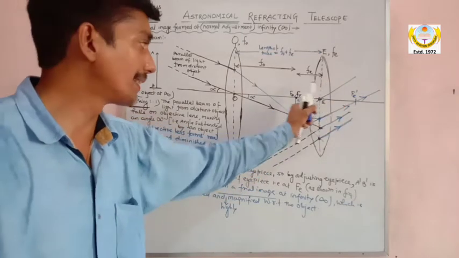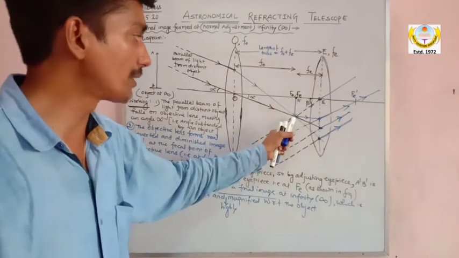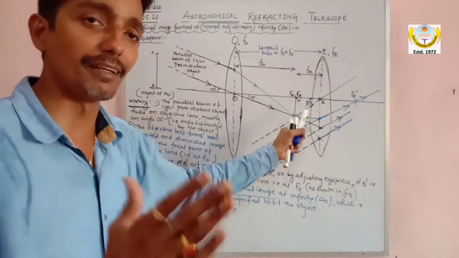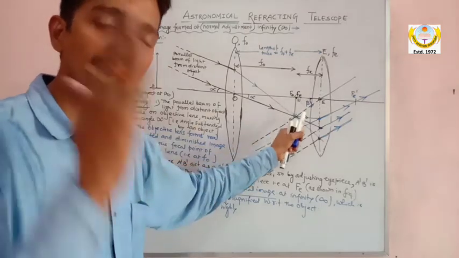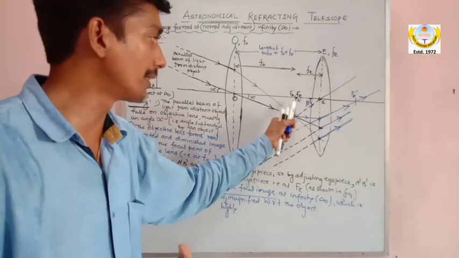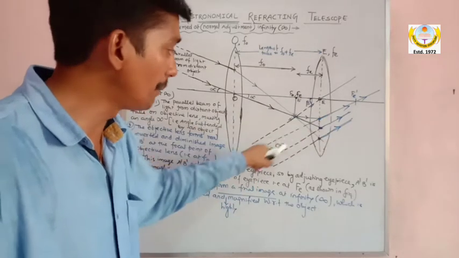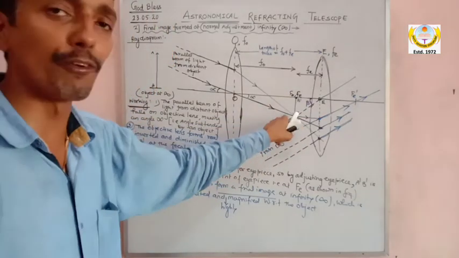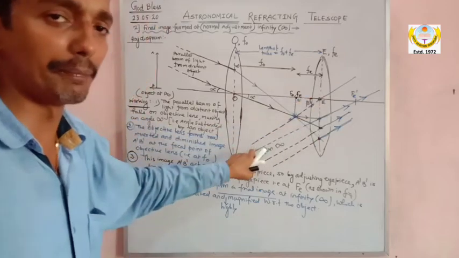So I will adjust the eyepiece and I will brought this A dash B dash at the focal point of eyepiece. Why at the focal point of eyepiece I have to brought this A dash B dash? So that the image by the eyepiece will be formed at infinity. Because जब object focus पे होगा तो image infinity पे होगा.